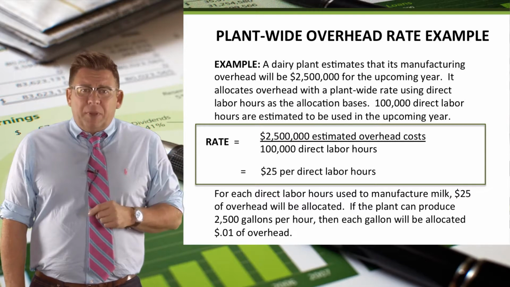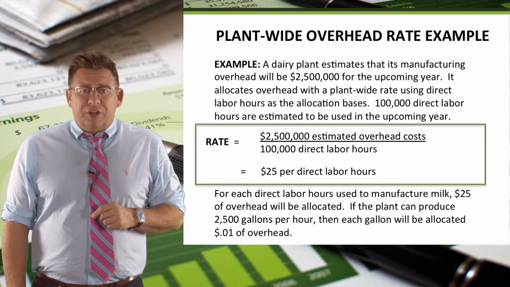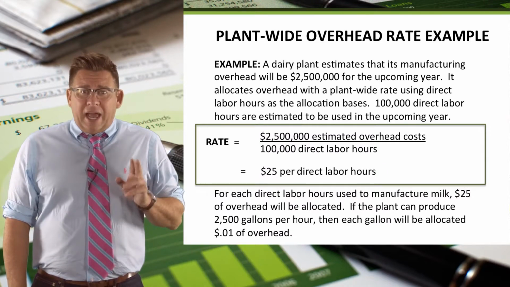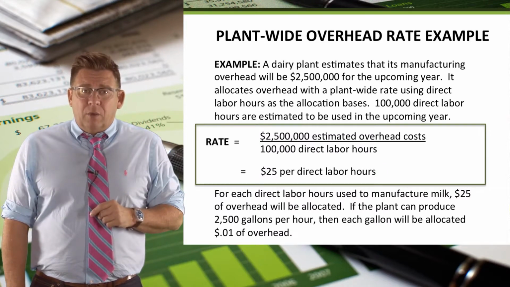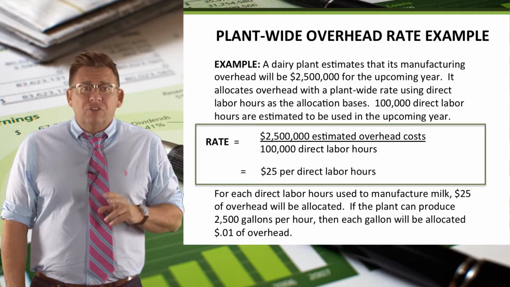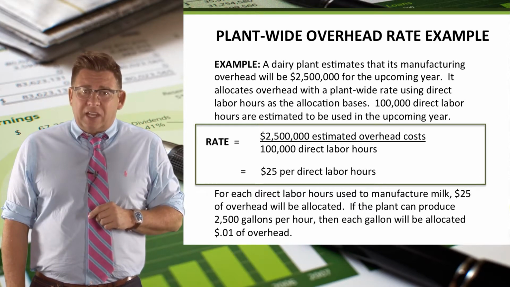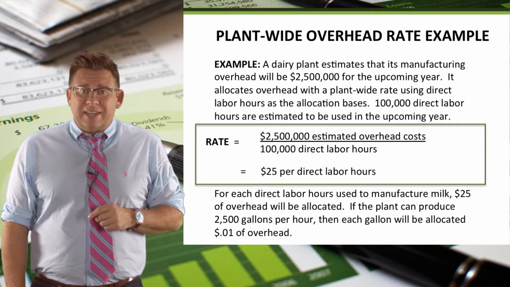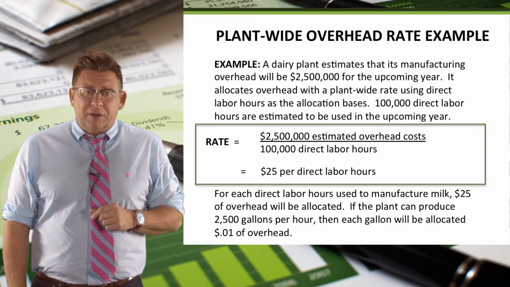Let's assume a dairy plant estimates that its manufacturing overhead will be $2.5 million for the upcoming year. It allocates overhead with a plant-wide rate using direct labor hours as the allocation basis. 100,000 direct labor hours are estimated to be used during the upcoming year.